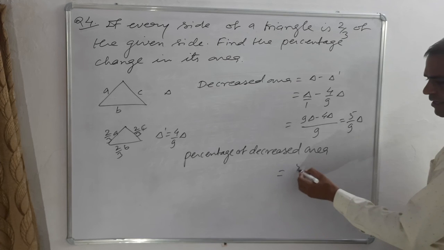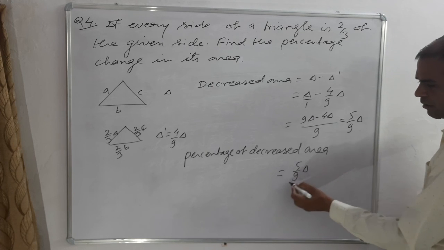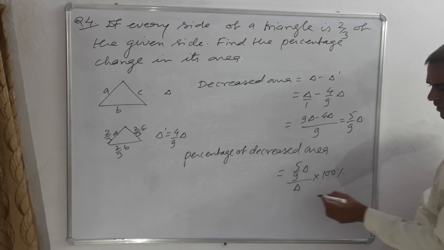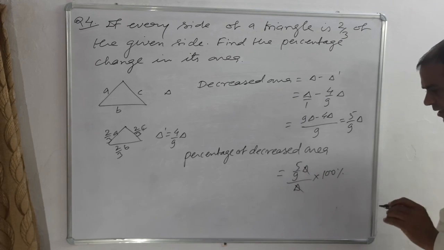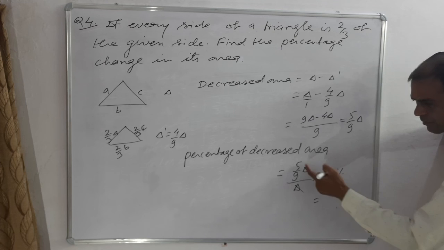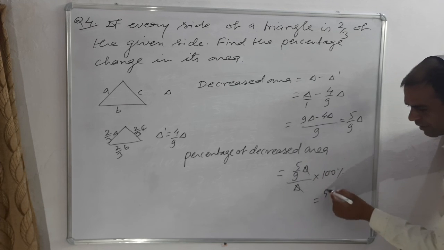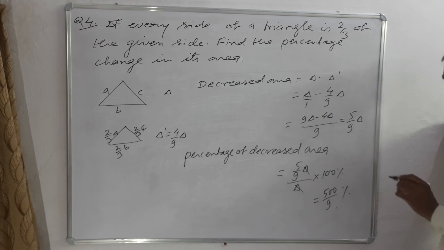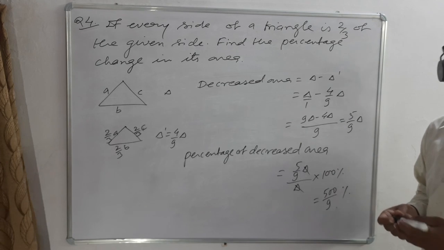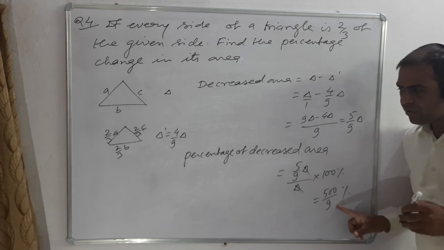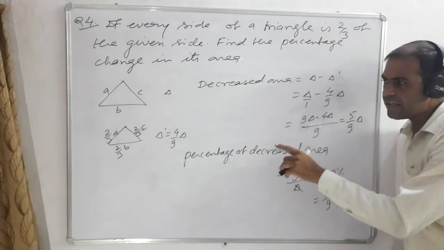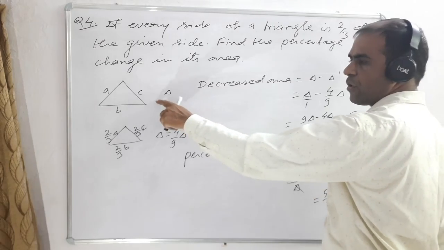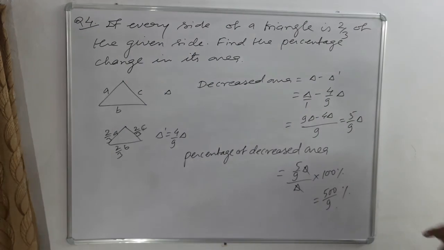Percentage of decreased area is 5 by 9 del upon del into 100%. Del and del cancel and the remaining term 5 into 100 is 500 upon 9%. 500 upon 9% is the decrease in area, in percentage, from the given triangle to the reduced triangle.